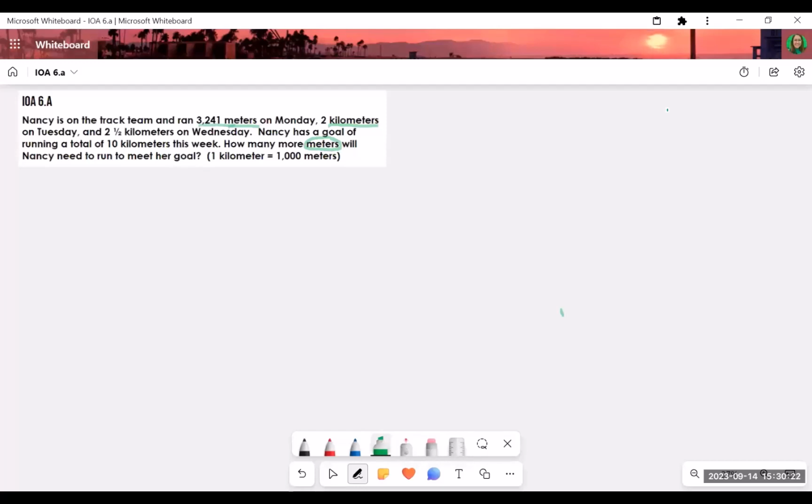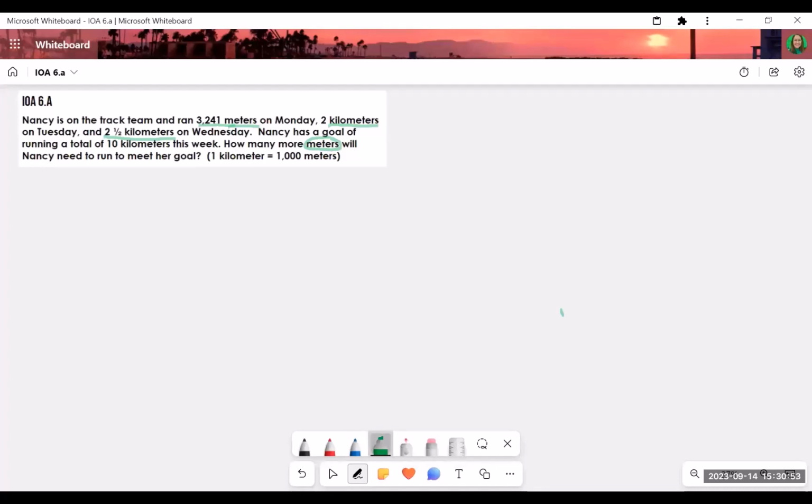But then I know that another distance she ran is 2 kilometers, and another distance she ran is 2.5 kilometers. So since my answer needs to be in meters, I'm going to draw a 2-column table to help me to show the equivalencies, basically, to figure out how many meters are in 2 kilometers and how many meters are in 2.5 kilometers. But then I also need to know how many meters are in 10 kilometers.